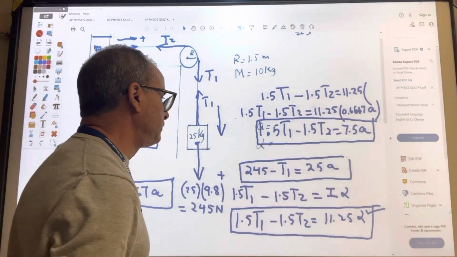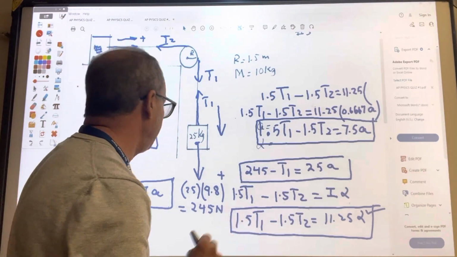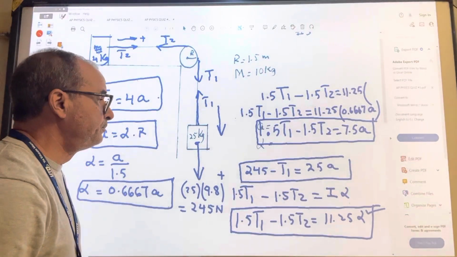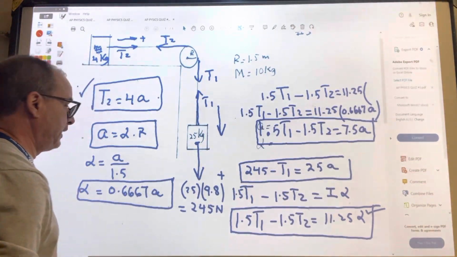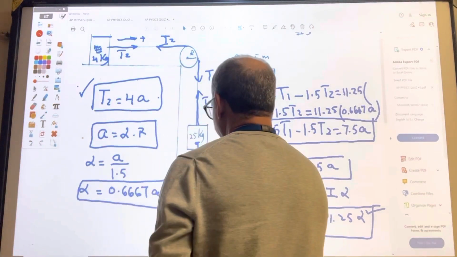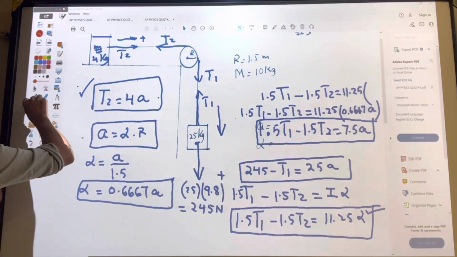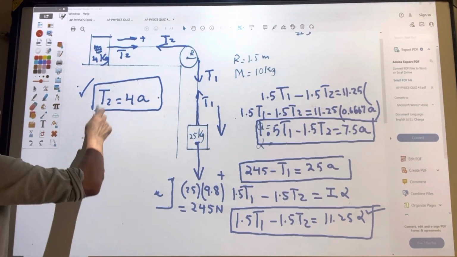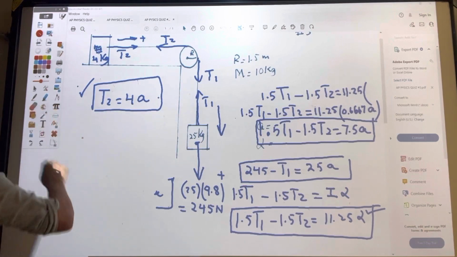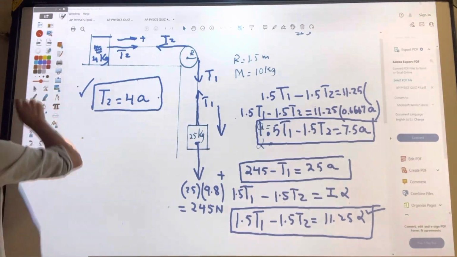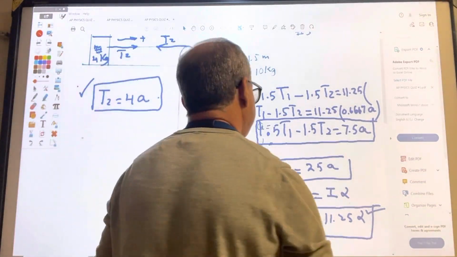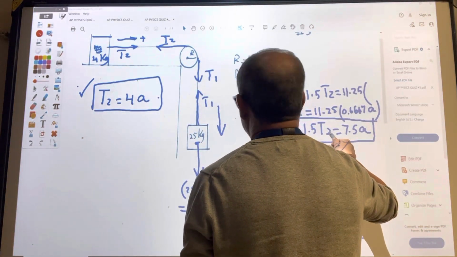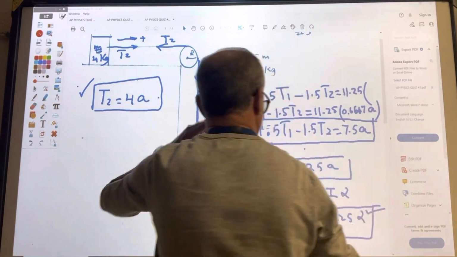So which equations am I going to use now? The ones that have T1, T2, and A. So I have one where I can plug in T2. Let me go over here and finish up the work. So I have the expression for T2 in terms of A. Now I'm going to bring this equation, replace the T2 by that, and then replace T1 from here.